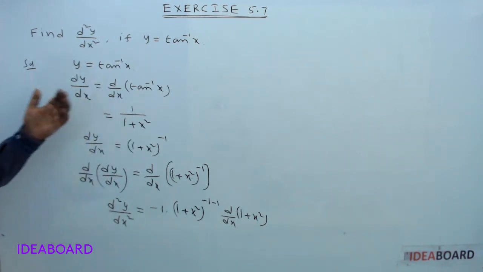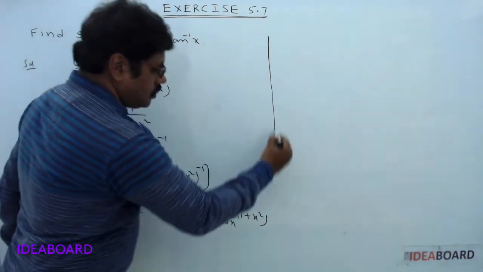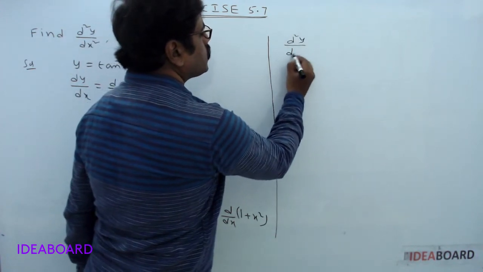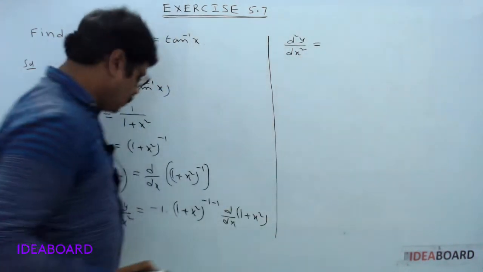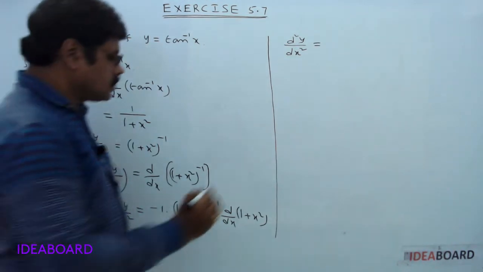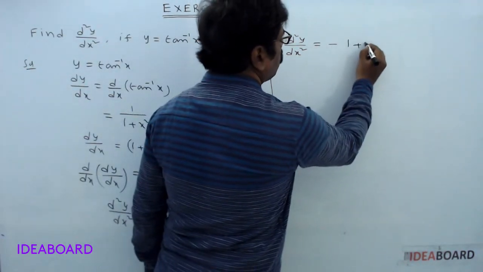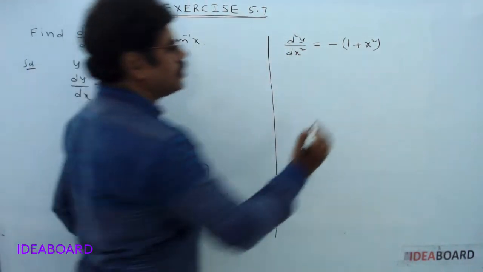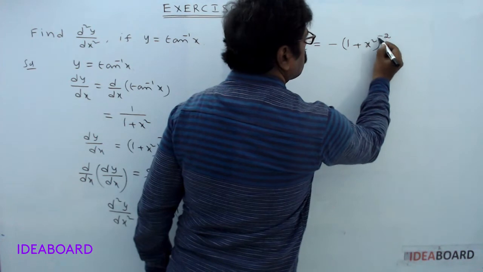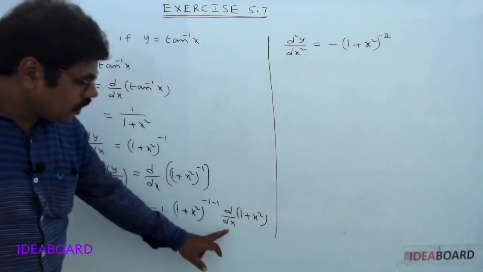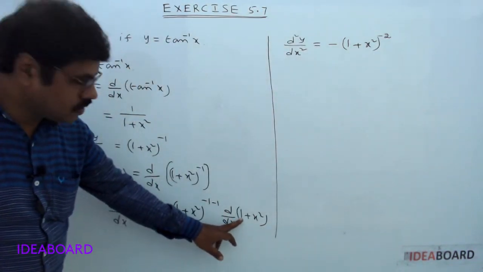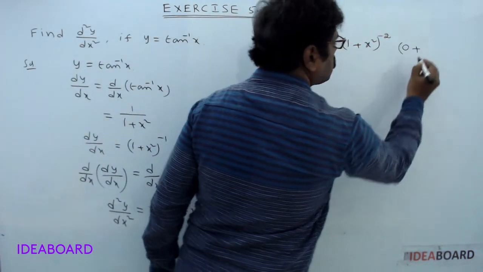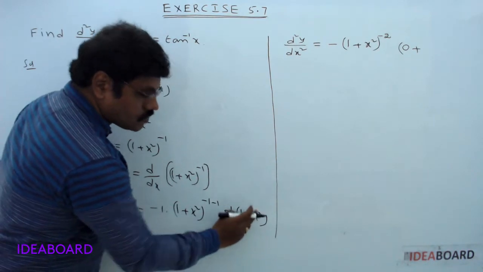Now come to the simplification part. d square y by dx square equals minus (1 plus x square) whole power minus 2 into the derivative of 1 plus x square. 1 is a constant term, its derivative value is 0, plus the derivative of x square.